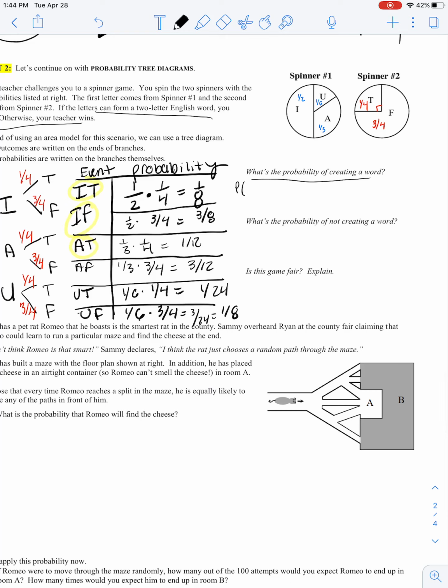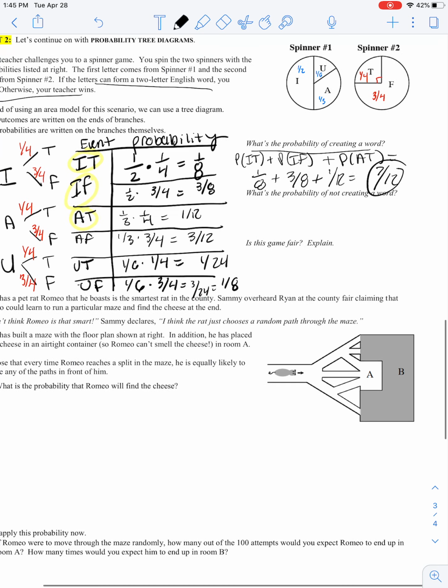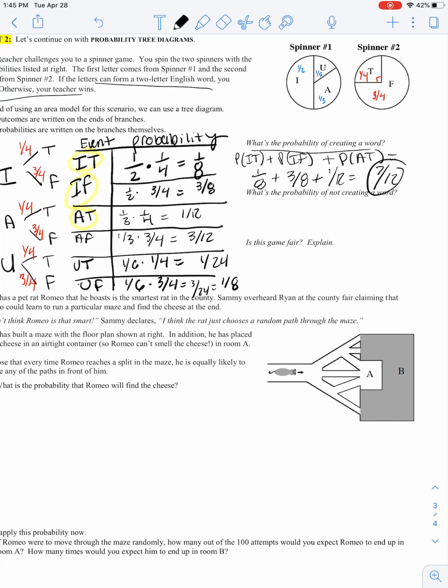So we want to know the probability of spinning I, then a T, plus the probability of spinning an I, then an F, plus the probability of spinning an A, then a T. That's equal to 1/8 plus 3/8 plus 1/12, which is equal to 7/12. So the probability of spinning a word from spinner 1 and spinner 2 is 7 out of 12.